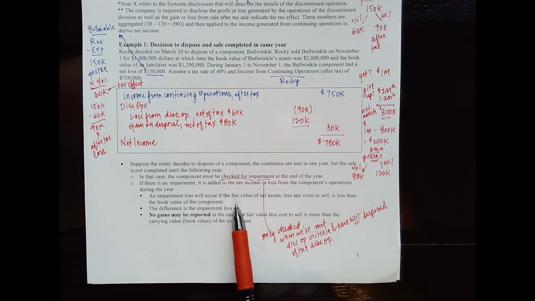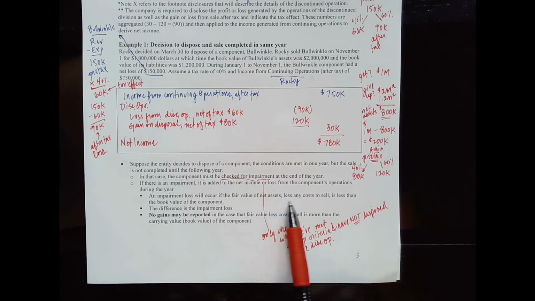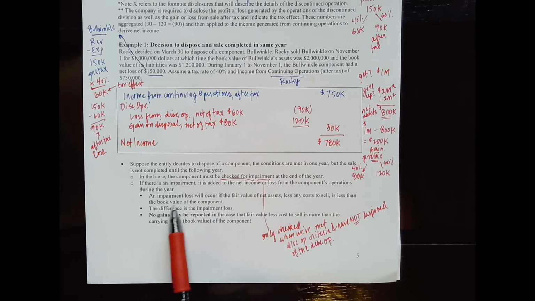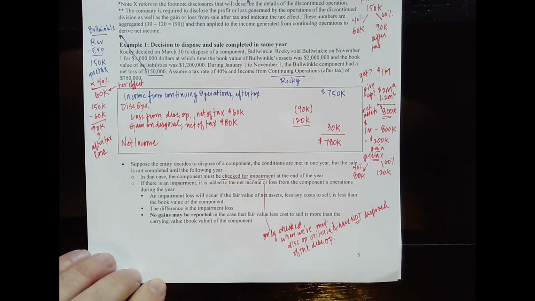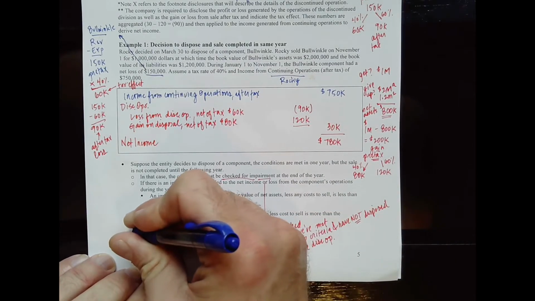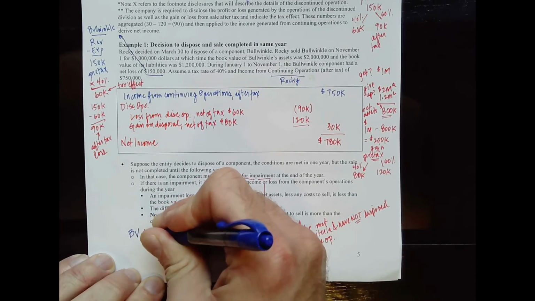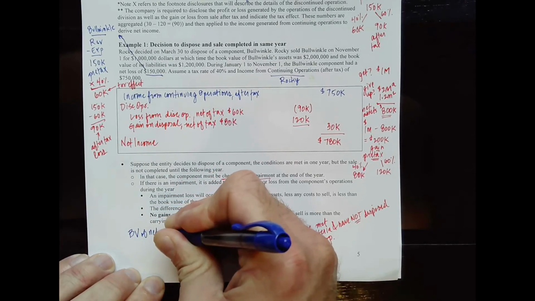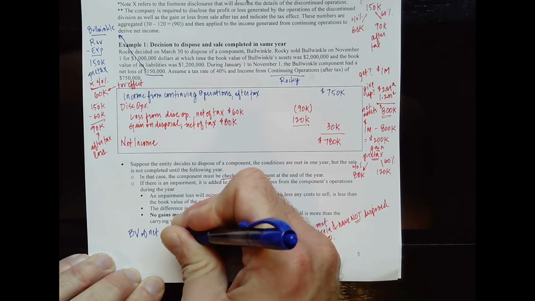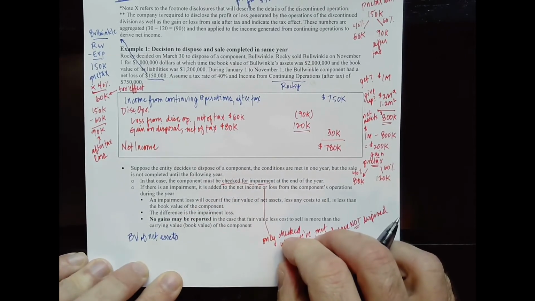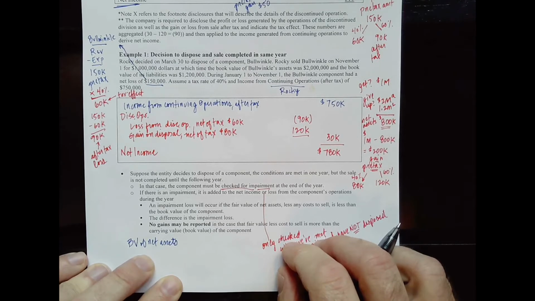It occurs when the fair value of net assets less cost to sell is less than the book value of the components. So what we're doing here is looking at the book value of net assets, because remember, that's how I judge the value of what I gave up.